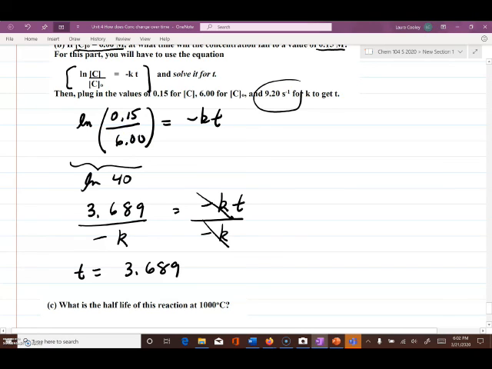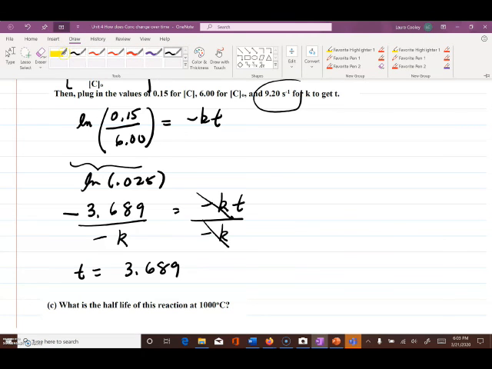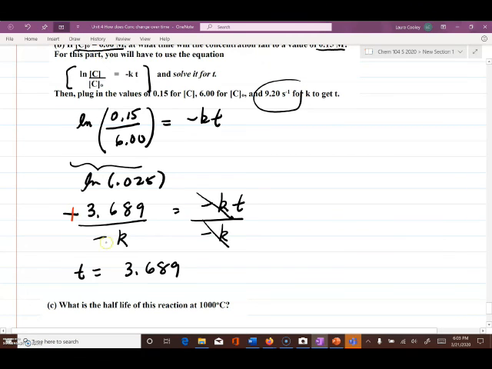So this comes out to the log of 1/40th instead, a log of 0.025, which is negative 3.689. So I could tell I was getting the wrong answer because I would have had a negative time, and that just doesn't make sense.